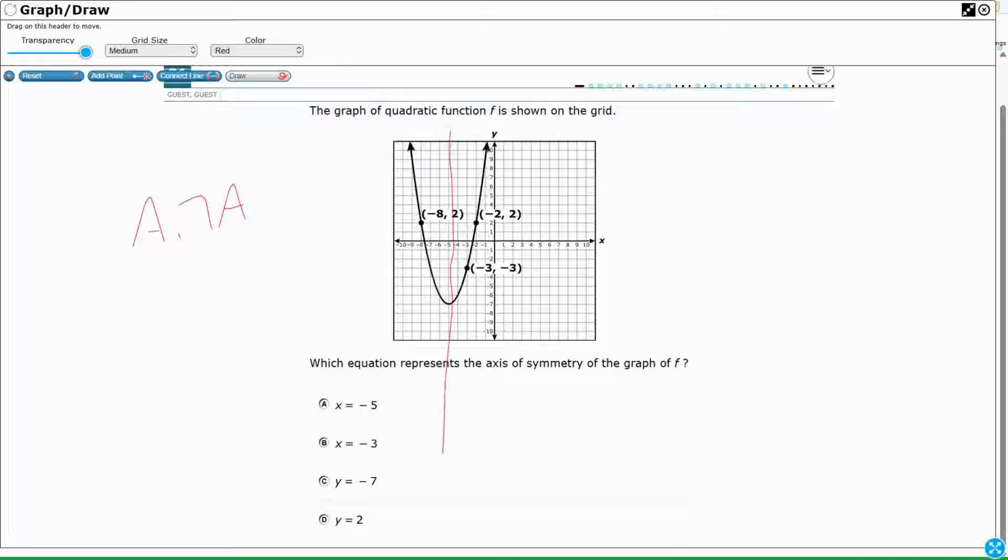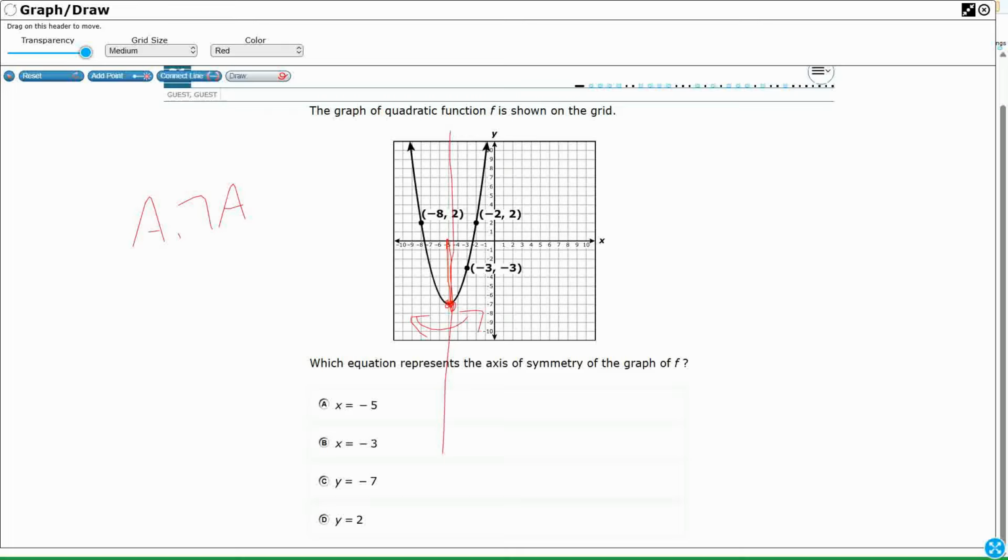And you see it has to go right through the vertex, and you can now fold it either side, okay? And it would be exactly the same. That's one of the features of a quadratic function, right, is you can fold it in half, and it goes right through the vertex. And so what point is that at? Well, that's at negative 5.